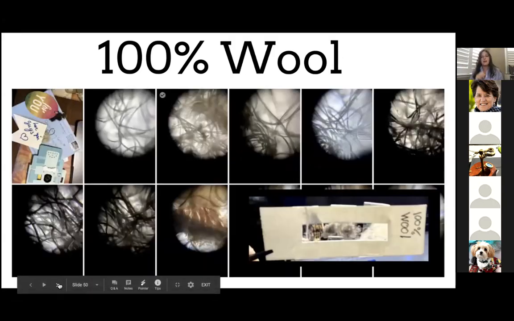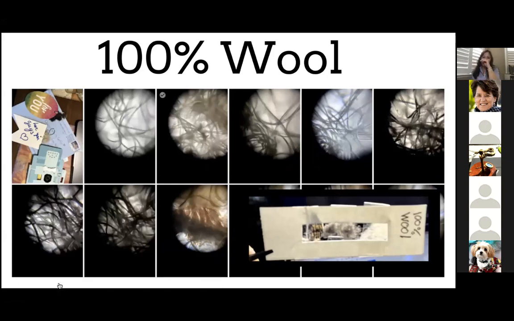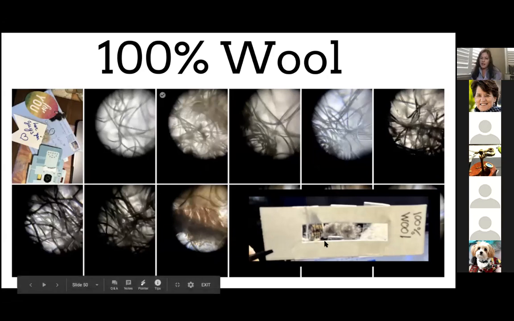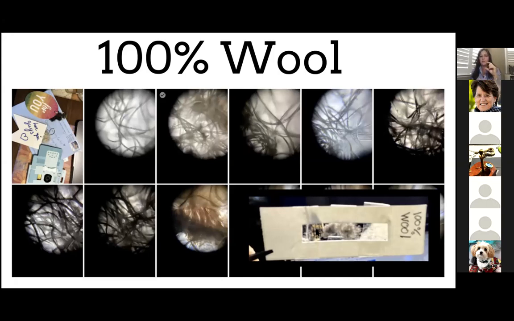So then I have 100% wool. On this slide I put three things on the same slide. This is a little piece of wool fabric. And when I look back at these, I realized I didn't take a picture of the wool fabric itself, which was a brown plaid fabric. And then my niece has a project for school.